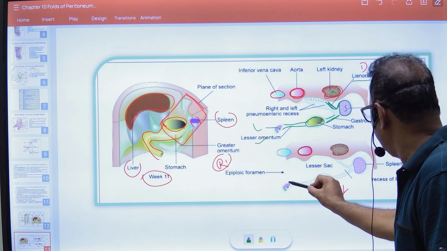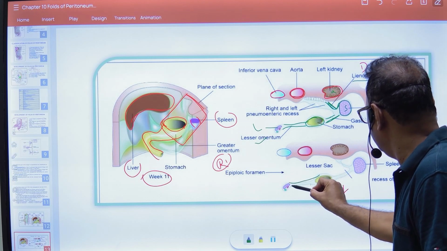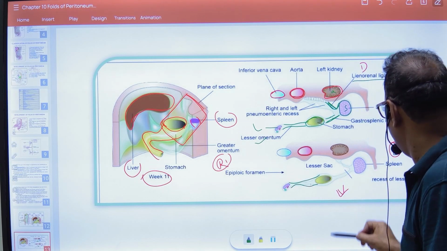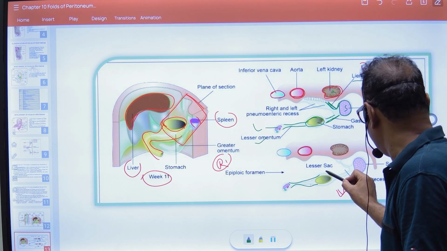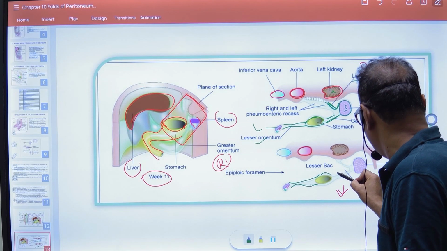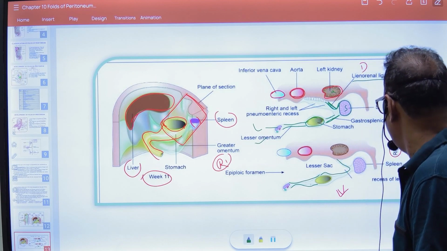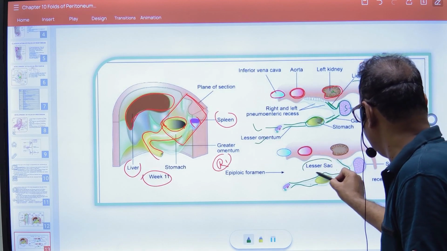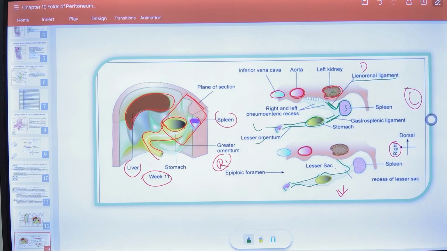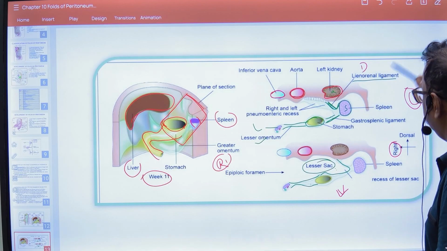The lesser omentum will continue up to the liver. And this will create the sac, and this will become the lesser sac. We'll talk about this later on.